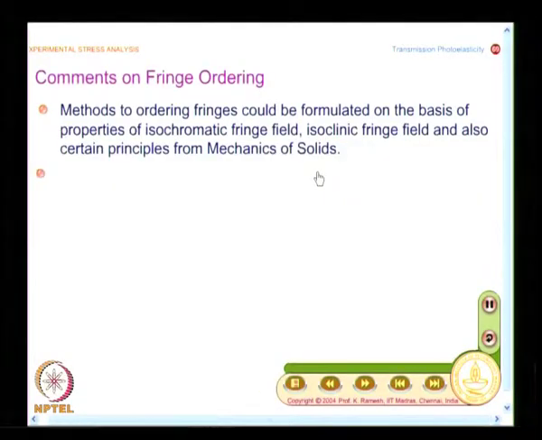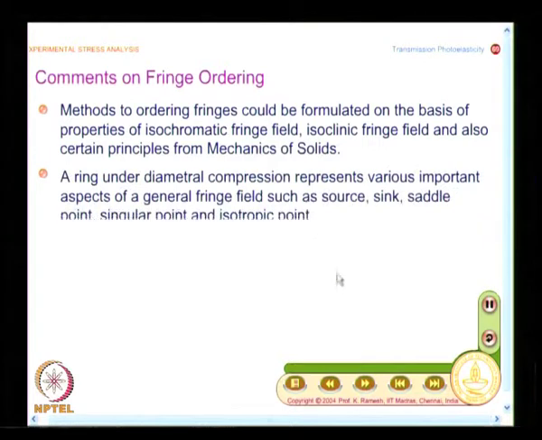So, what I need to do is go and see what are all the properties of isochromatics, what are all the properties of isoclinics, and I am going to take the problem of a ring under diametral compression to illustrate the properties of the isochromatic fringe field as well as the isoclinic fringe field. And even before we look at those properties, let me list only the names, I am not going to explain them. I want you to look at the fringe pattern and try to figure out yourself.